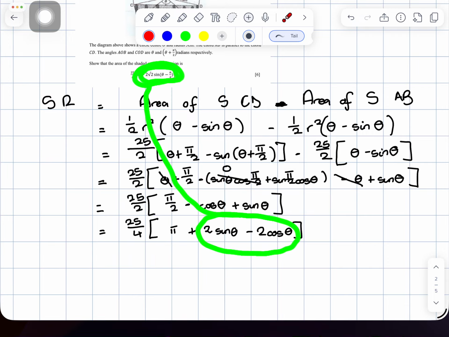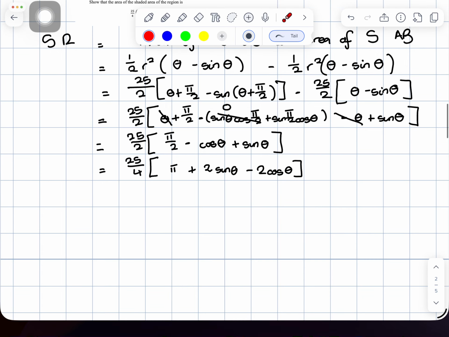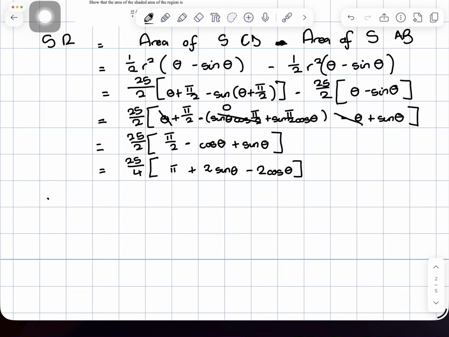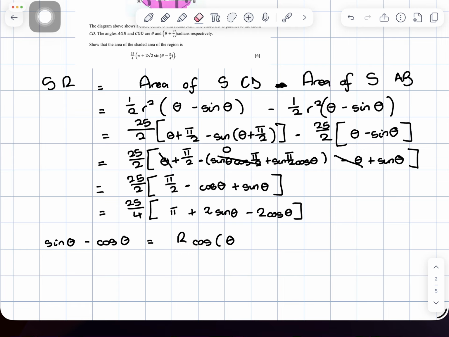So I'm going to use this formula. I'm just going to consider sine theta minus cos theta. I'll pull out 2. So we know that we can say sine theta minus cos theta equals R sine, I'm going to use the one with sine, equals R sine of theta minus alpha.